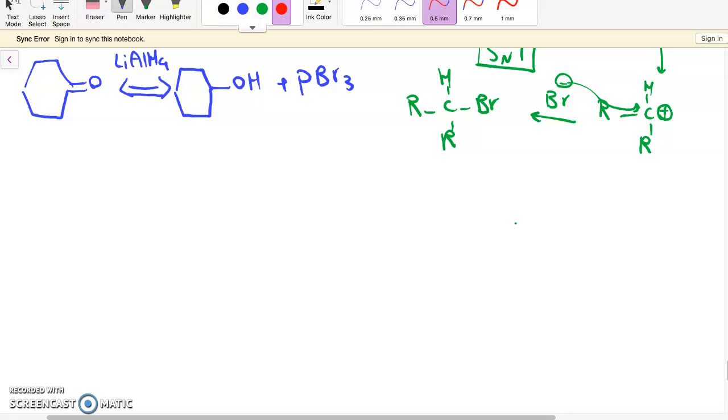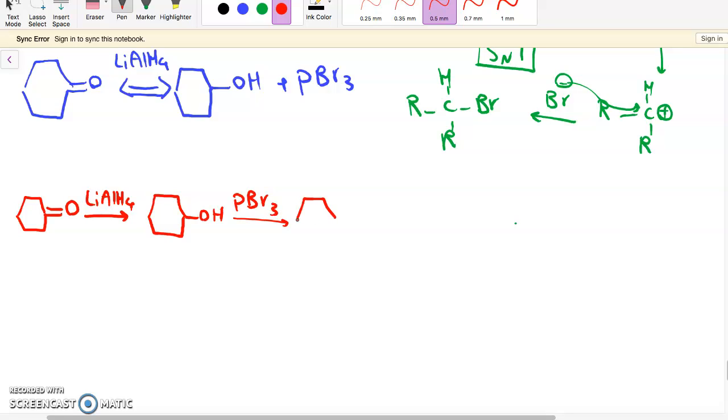Okay, so we're starting with cyclohexanol. First step, oxidation. Next, we're substituting that OH with bromide. Then adding magnesium to give our Grignard reagent.